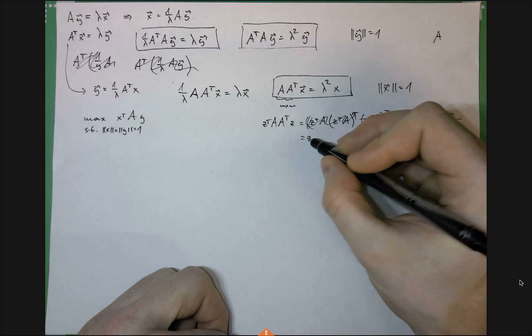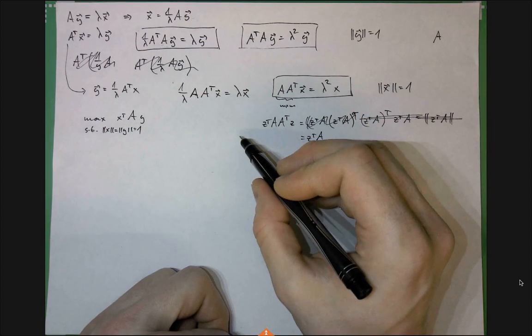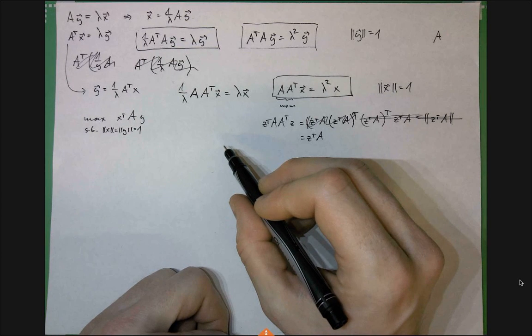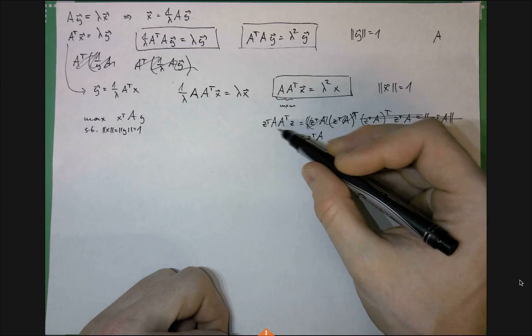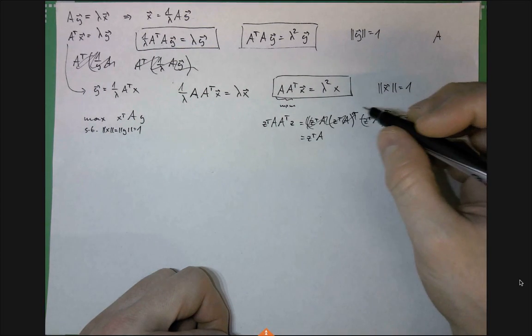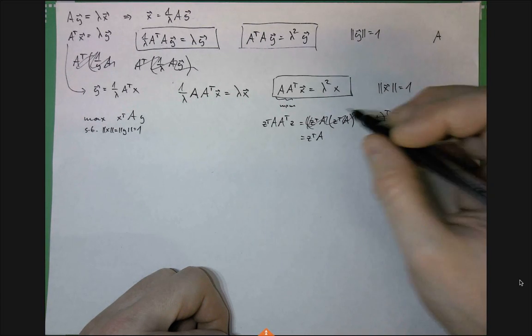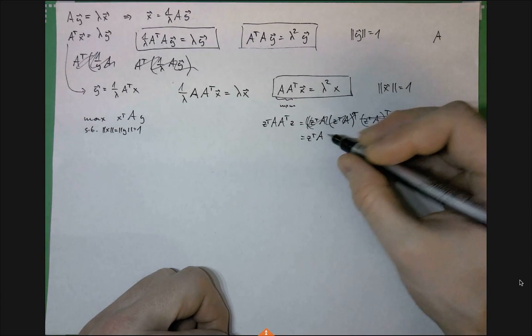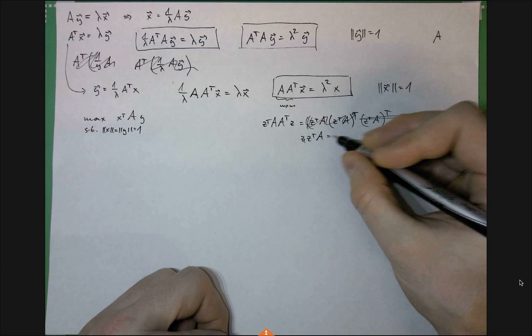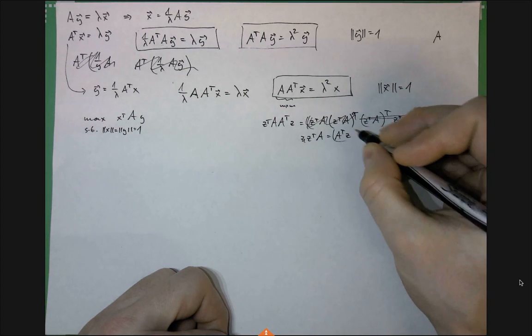So let's see, this is ZTA, so this is a row vector, right? And this is a column vector. So this is really just a dot product. I can write ZTA as ATZ, the whole thing transposed.